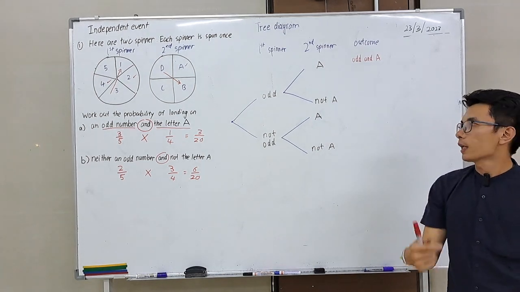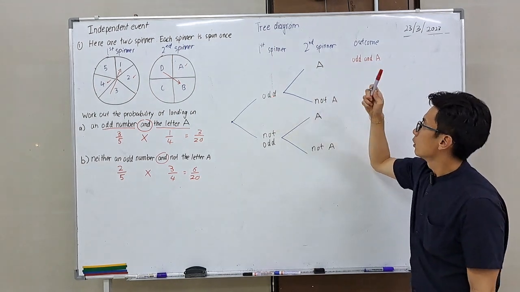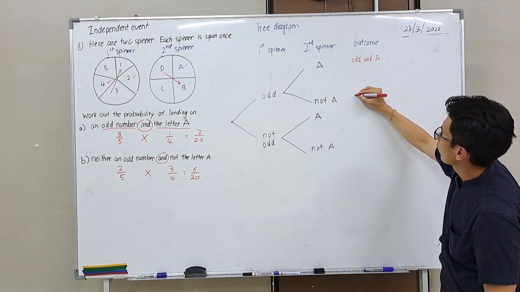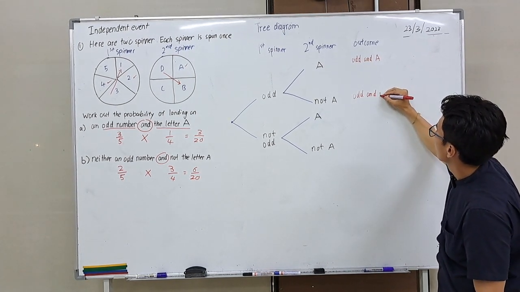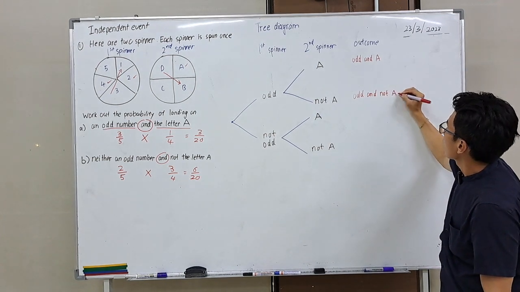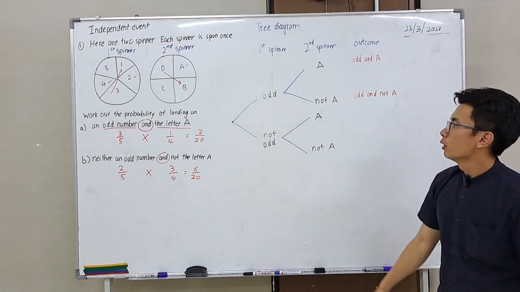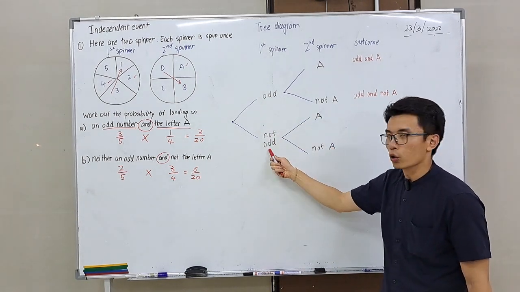Okay? So what's my second outcome? I will get odd and not A for my second spinner. So I will get an odd for my first spinner and not A for my second spinner. So what's my third outcome? If I don't get this, I will get not odd, right?